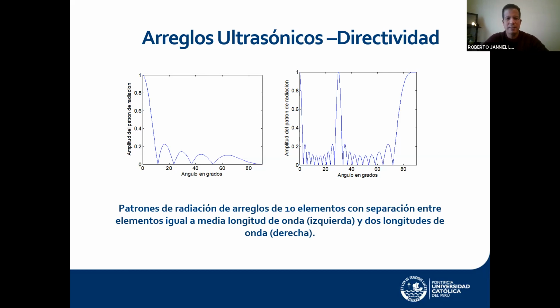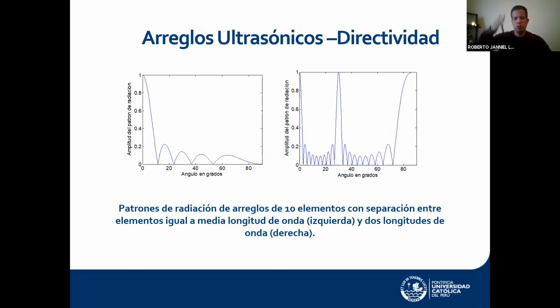So now, when we plot the directivity function of the sampled sinc function that we saw earlier, we can do that. For example, in this case, you have arrays of 10 elements. The separation is equal to half a wavelength on the left and 2 wavelengths on the right. And what you get to see is that the plot on the left kind of looks like a sinc function, right?